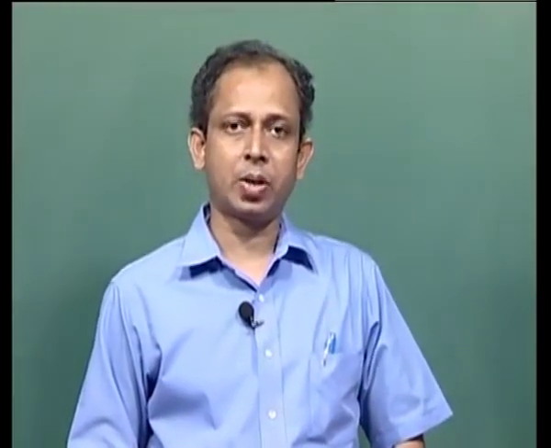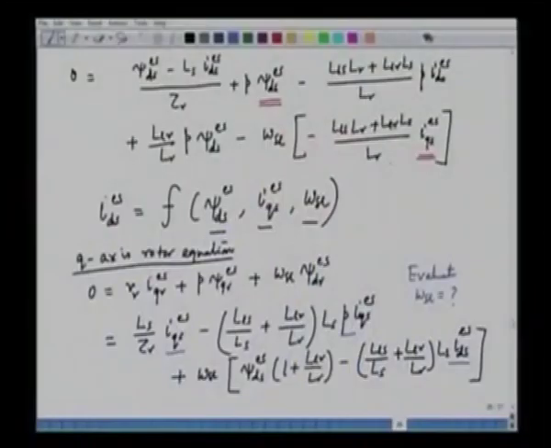We are discussing stator flux oriented vector control, and we have seen that there is inherent coupling between the torque component of current and the stator flux. So we have to cancel the coupling by having a decoupling network. We have two equations here. This is the first equation, equation number 1, in which we can obtain IDS in terms of psi ds, IQS and the slip speed omega SL.